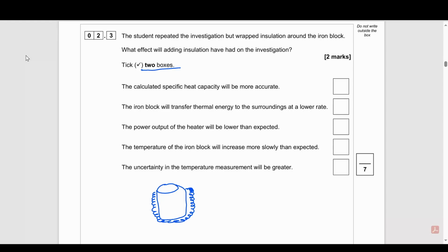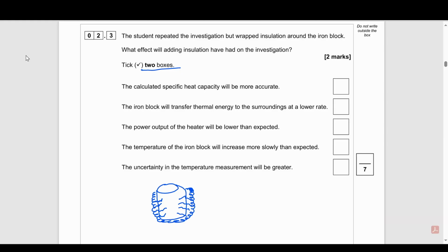But because it's wrapped by this insulation now, it means that the energy that's transferred would actually be absorbed by the insulation. So that would mean that it would be difficult for the iron block to actually cool down, and it would remain hotter than it would without the insulation.